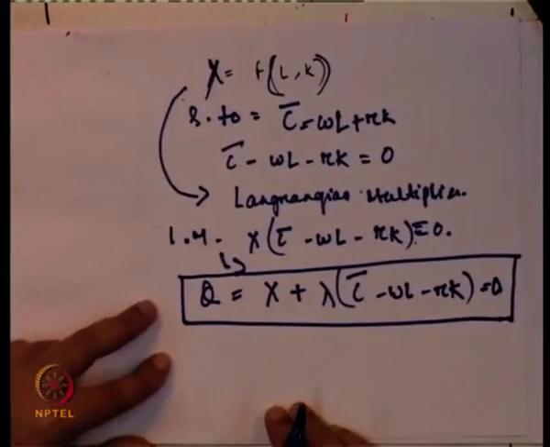Now, what is the next job? The next job is to maximize it, and we will see what the first order condition and the second order condition should be in order to maximize or minimize. Given this composite function, what should be the first order condition? If you remember, for the first order condition, whether it is a maximization or a minimization, the partial derivatives have to be equal to 0.